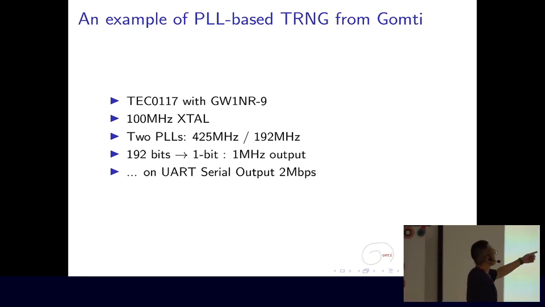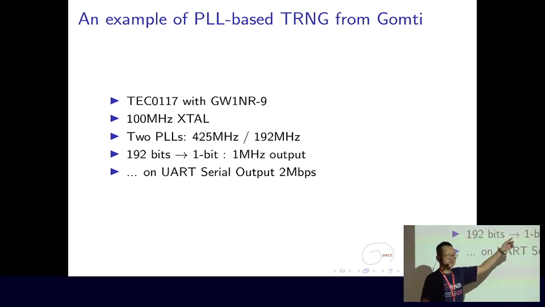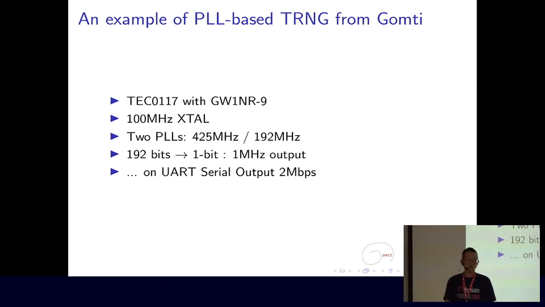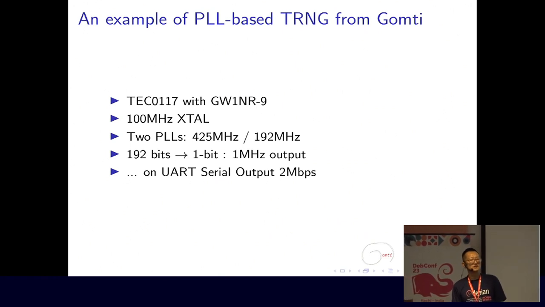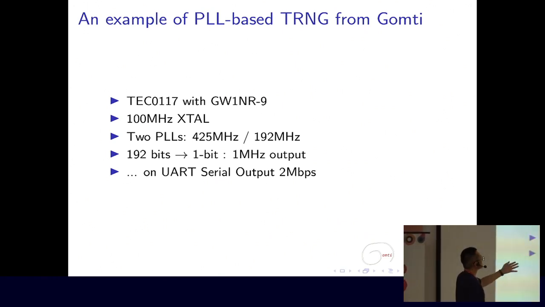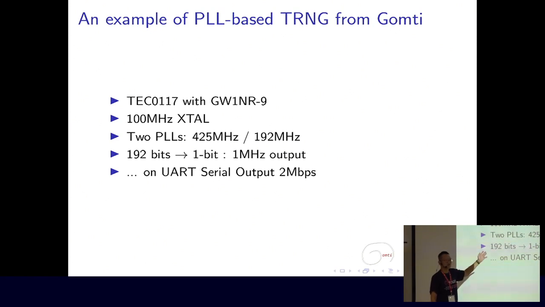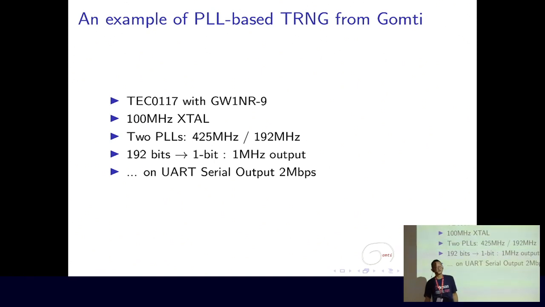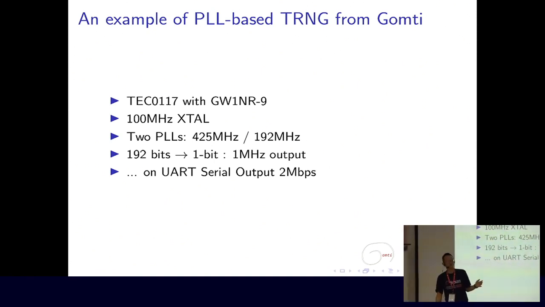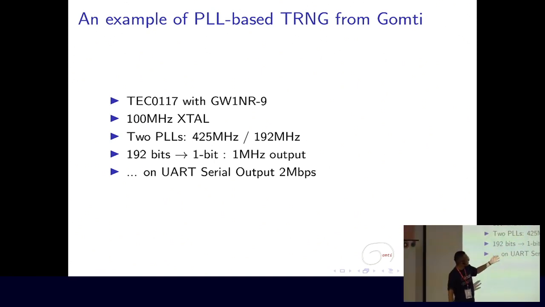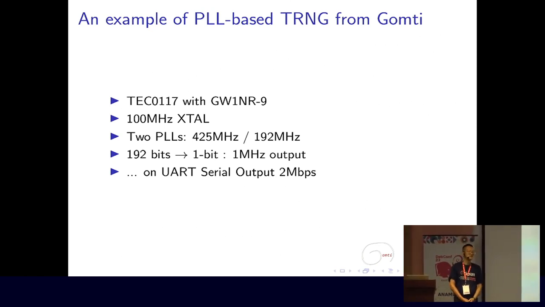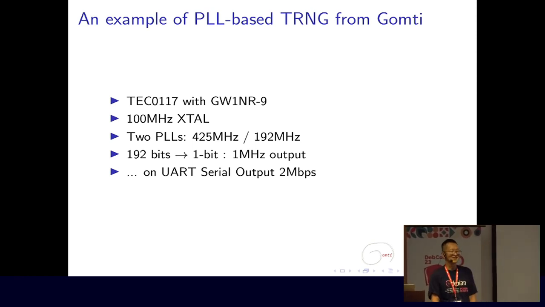Frequencies of 400 megahertz or 200 megahertz are common in digital circuits these days. With those commodity frequencies, we get this kind of bandwidth for output. I think that would be enough for the usual use case. It depends.